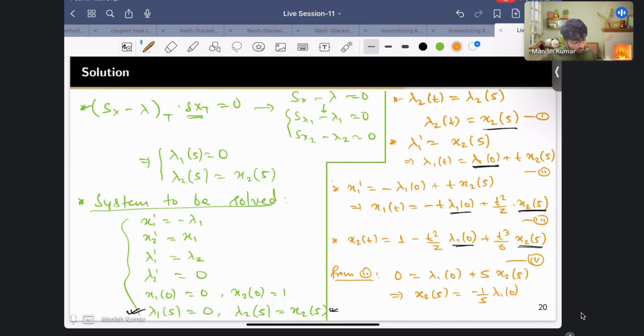Right? So x2 at 5 is given by this. Let us call this the fifth equation. Now what else can be done?